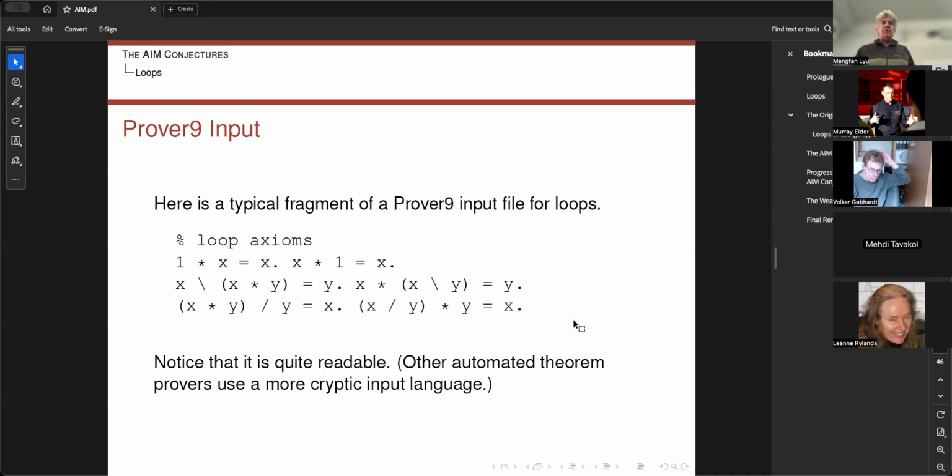And you notice that this is, except for the fact that maybe some of you don't like the Courier font, pretty much exactly what I just showed you on the previous slide. It's quite readable, and by the way, this is one of the advantages of Prover9 among other automated theorem provers for beginners, that you can read it without any background.